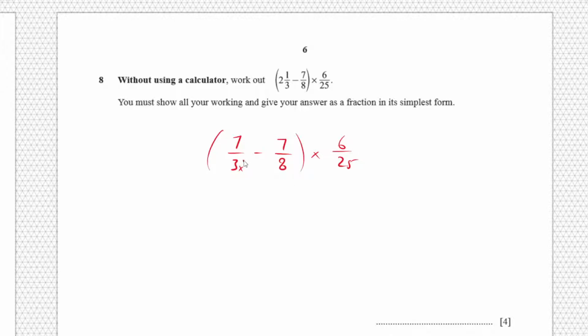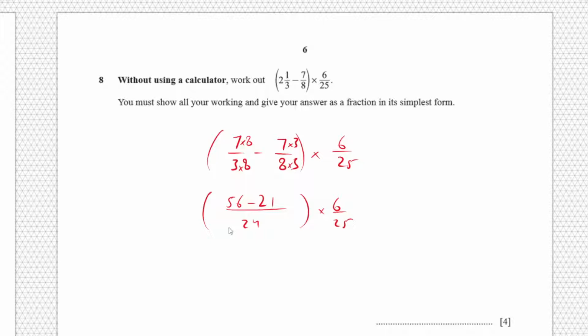Multiply by 8 and by 3 to find the LCM, lowest common multiple. We need to make the denominators equal to subtract or add. At the bottom we have 24. At the top we have 7 times 8, 56, minus 7 times 3, which is 21, times 6 over 25.